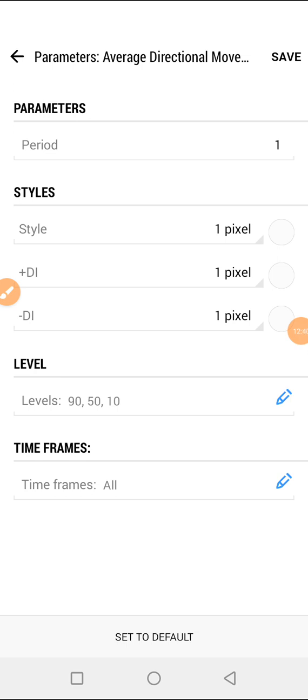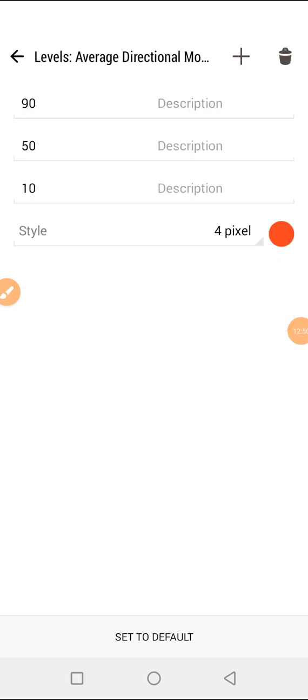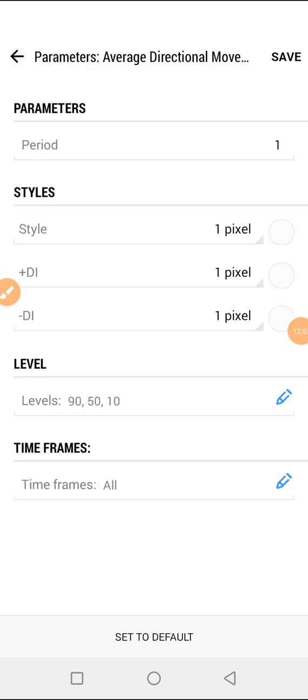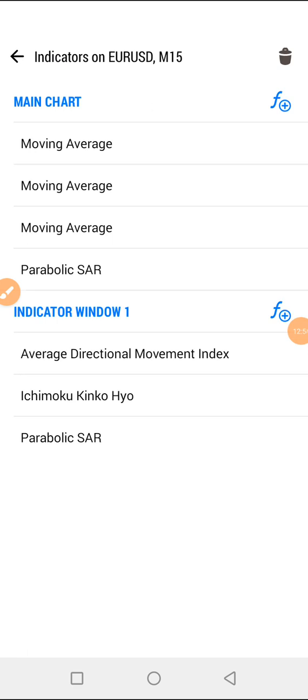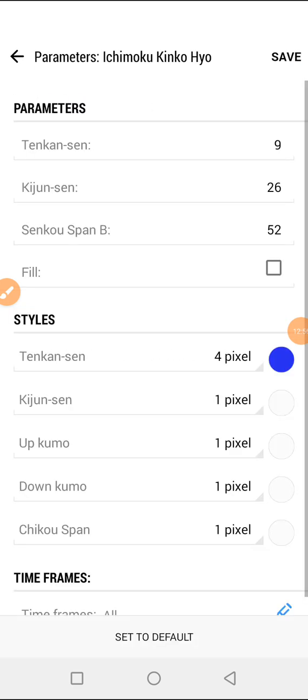Is that clear? Then you will just apply to period 1. Your style, your positive DI and negative DI should be on your background color. Then the levels should be 90, 50 and 10 respectively. Then you click save.